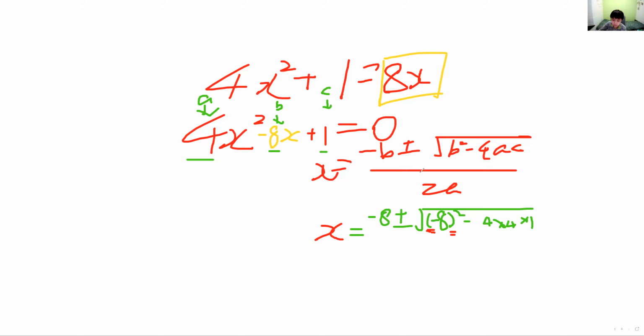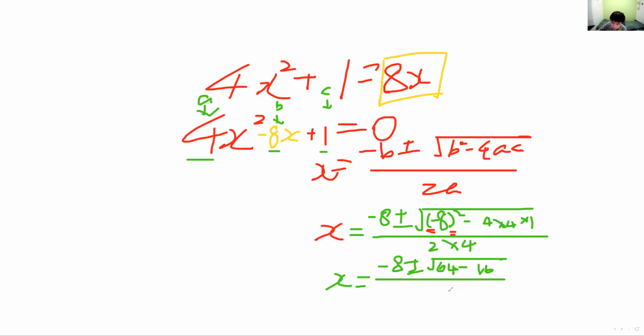And then we divide by, as a is 4, 2 multiply 4. So x equals -8 plus or minus square root 64 minus 16 divided by 8.